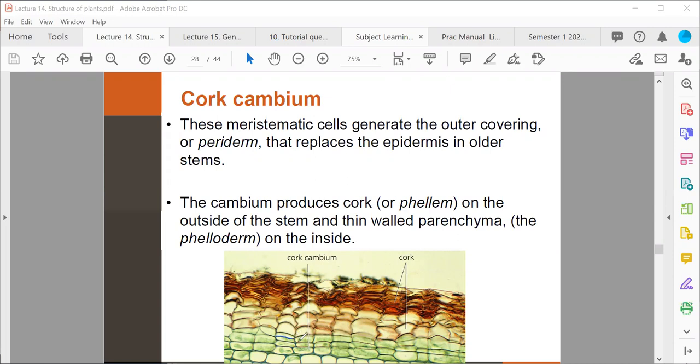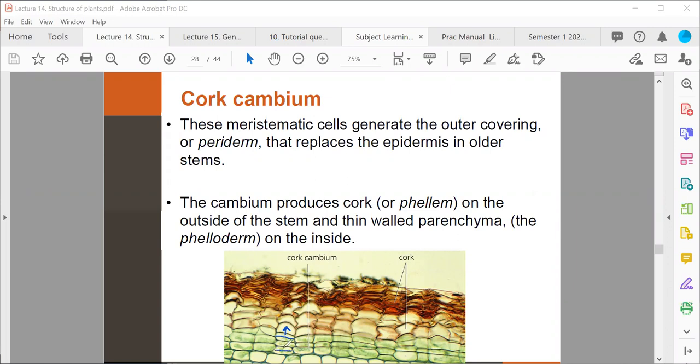So we'll just split that one cell into 2, and this cell will produce a cork cell, and this cell here will remain part of the cork cambium. It remains undifferentiated.